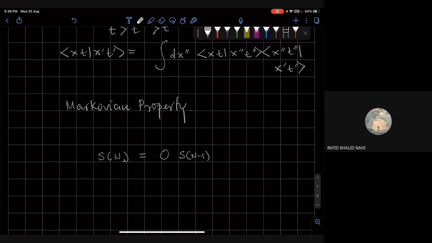In other words, the state of the system at time step n does not depend on the state of the system at, say, time step n minus 2. It doesn't have a memory of the state of the system beyond what happened just before.